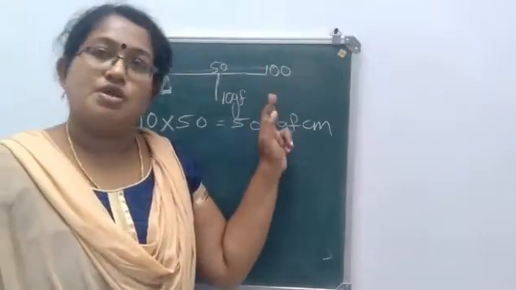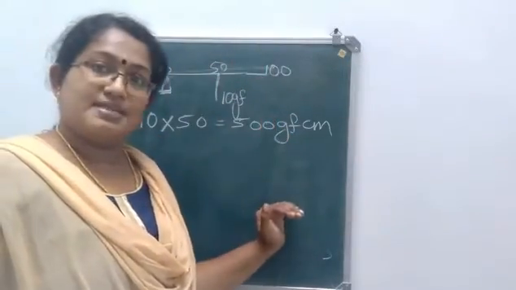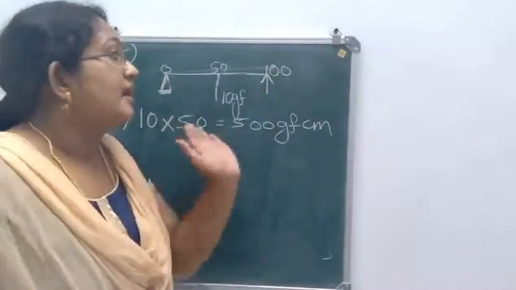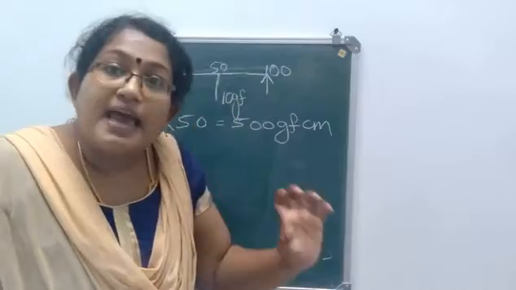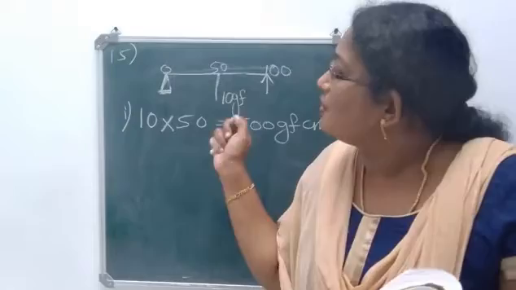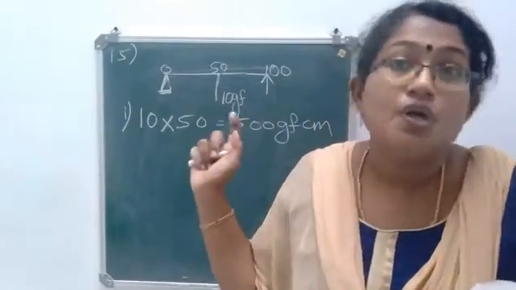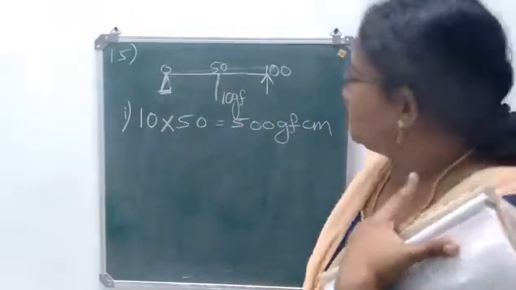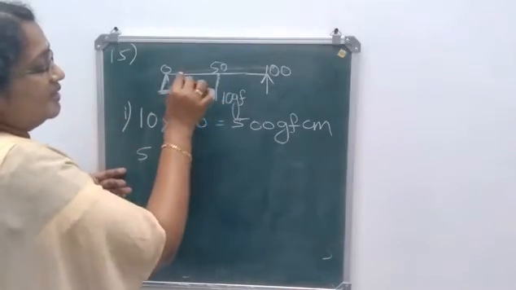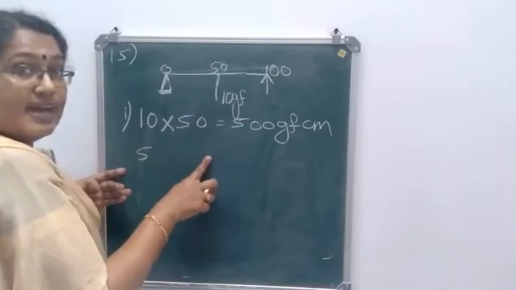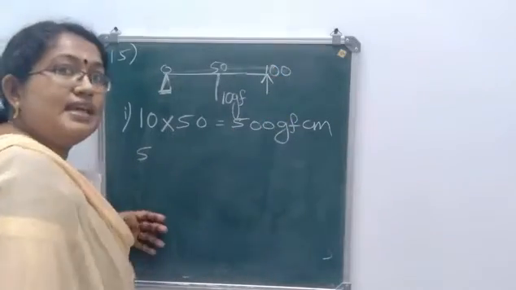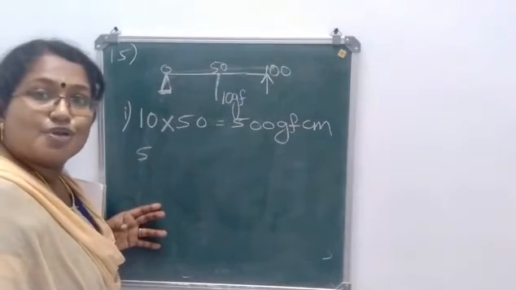If you give force at this end, now it is depressed. When you are applying a force at this end, what happens? It gets raised. Now we have to calculate how much force has to be applied, the least force in order to raise this. On this side the force is acting in the downward direction, that is, clockwise. Here we have to exert force so that the moment of force is in the anti-clockwise direction.